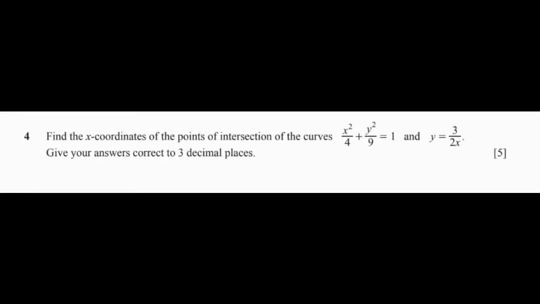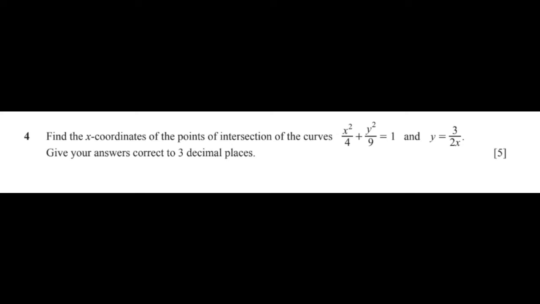Okay, to number 4. Number 4 is simultaneous equations, actually, but not in the linear form that you first learn. So how are we going to solve this? We wouldn't want to use elimination because we've got like x squared, y squared in the first equation.